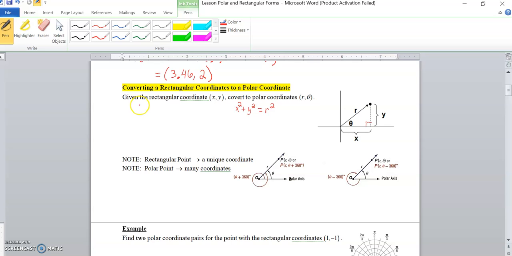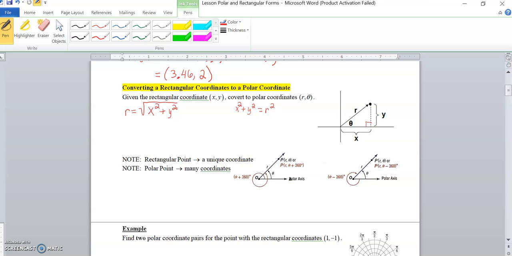Given the rectangular coordinates x, y, find r and theta. Here we have given x, given y, find r. We now have one equation, one unknown. So we could write r is equal to the square root of x squared plus y squared. So that's how we can find r given the rectangular coordinates.